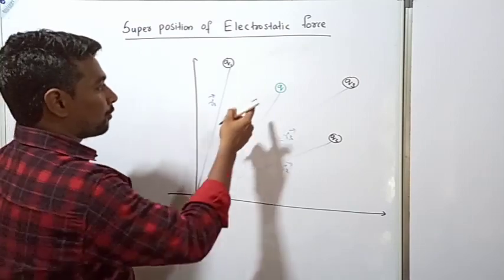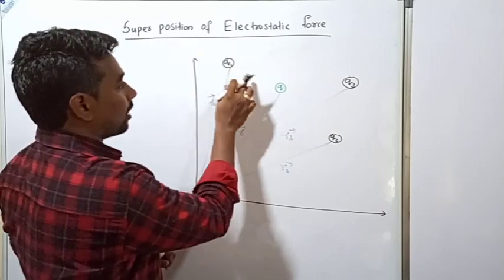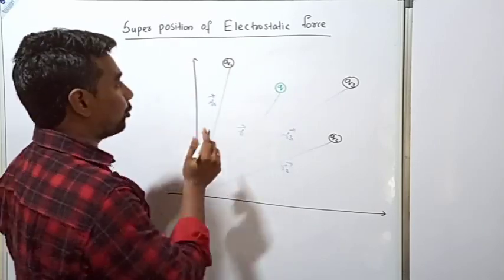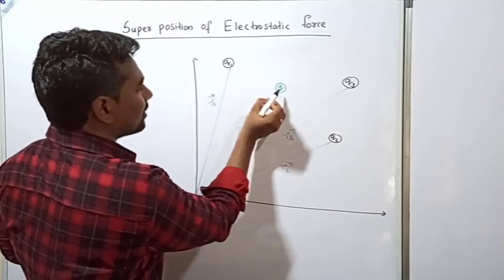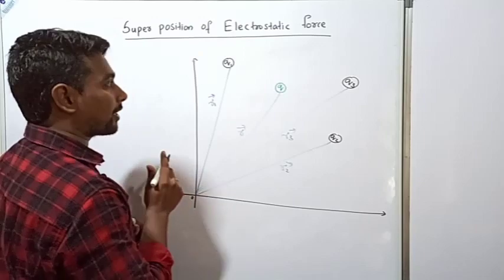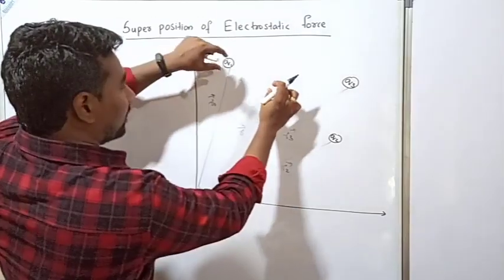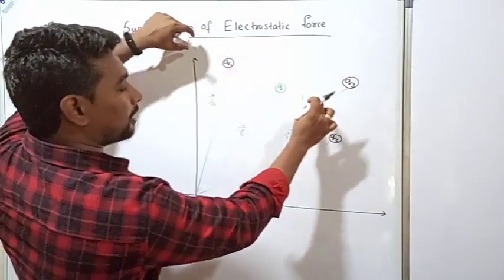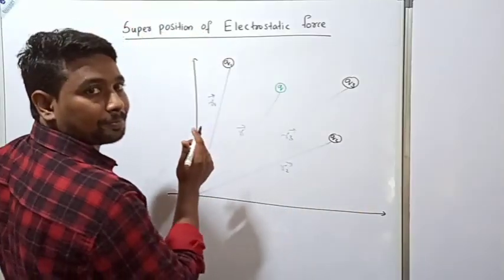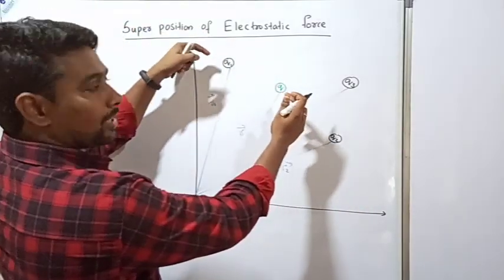First of all let's talk about these two charges, q1 and q. Consider these are two similar charges, then how will you draw the vector direction? If it is the same charge, they will repel. If they are opposite charges, they will attract.